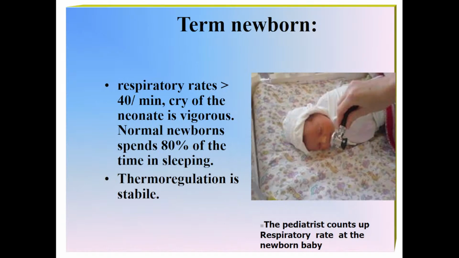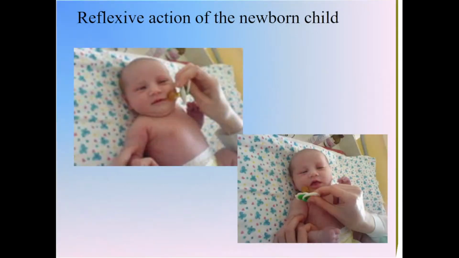The respiratory rate in a newborn is more than 40 per minute. A normal newborn spends up to 80% of the time sleeping. Thermogenesis is not stable.